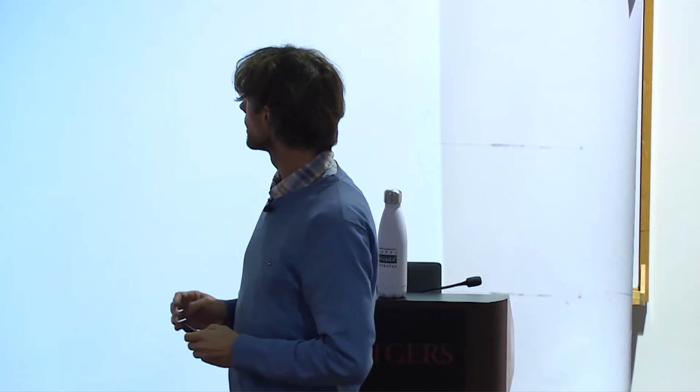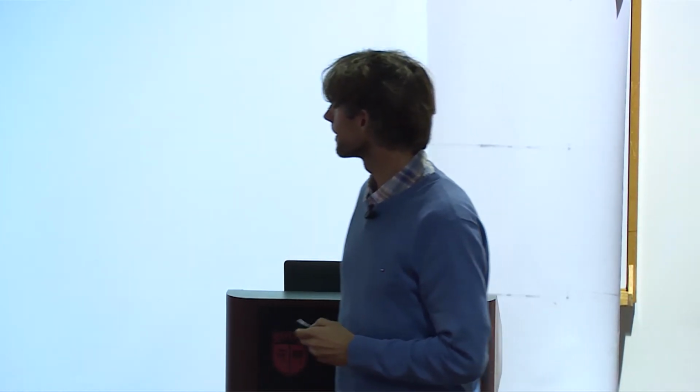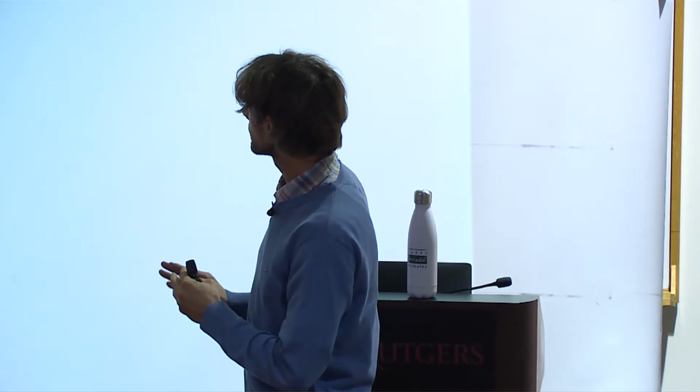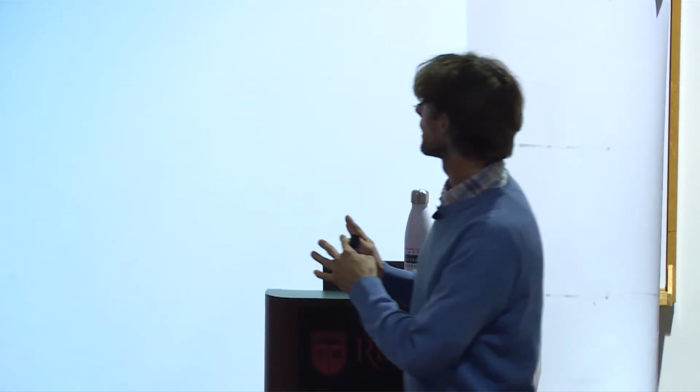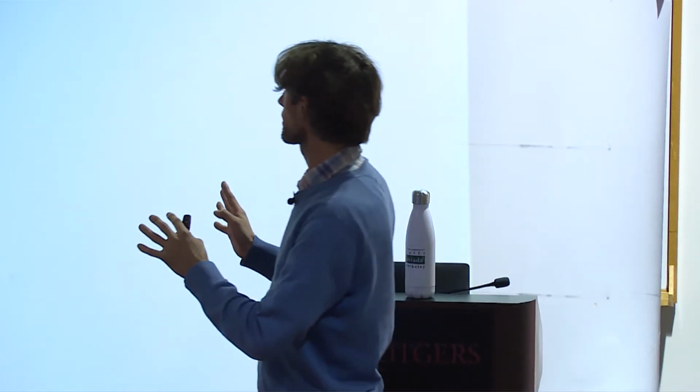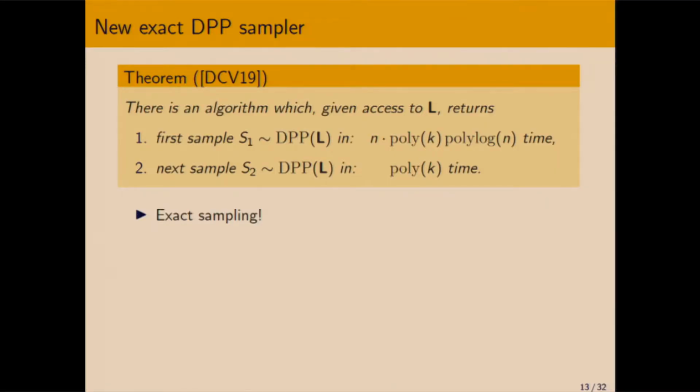Okay, so let's look at what's interesting about this result. First of all, we're sampling exactly, and the cost of the first sample is possibly less than the exact eigendecomposition. In fact, it is sublinear in the size of L. So we didn't actually have to see all of the entries of the matrix L, and yet we are sampling exactly.